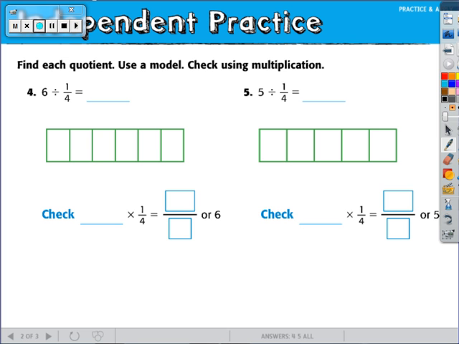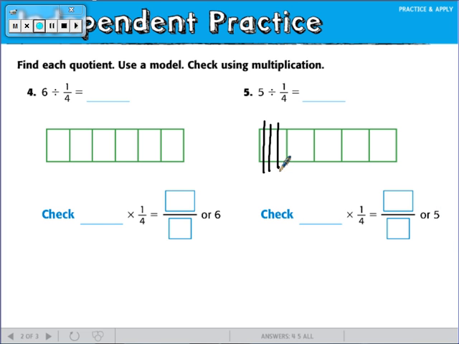5 divided by 1/4 equals. Okay, so all I have to do is divide each one of these into 4. Now, I'll show you what I showed my other class. There is nothing saying that you can't do this.